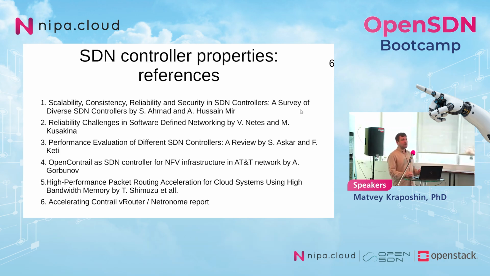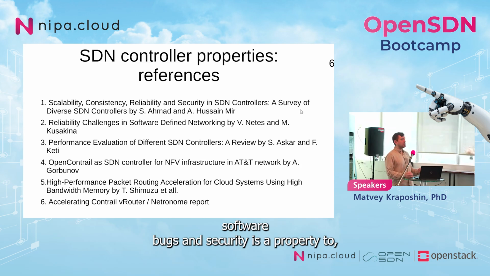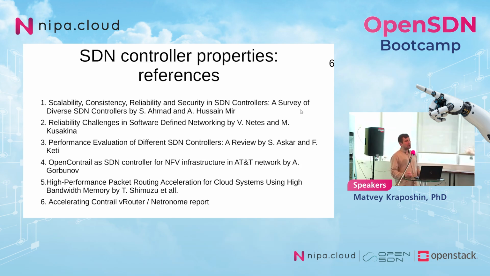Reliability is a property to withstand problems with hardware and software bugs, and security is a property to withstand security issues.